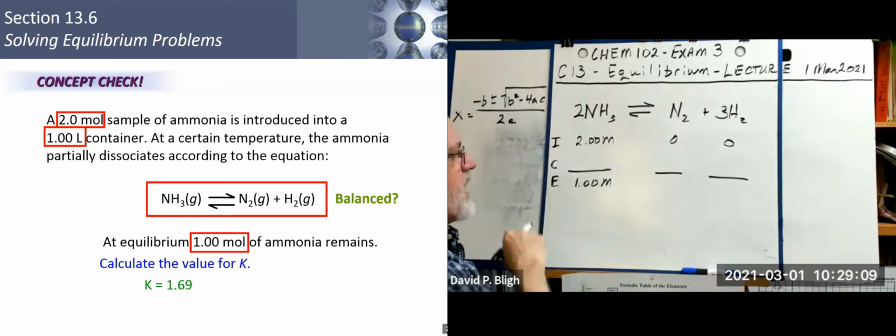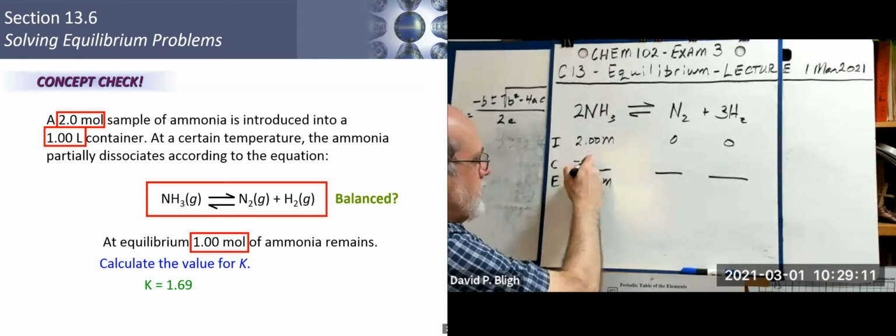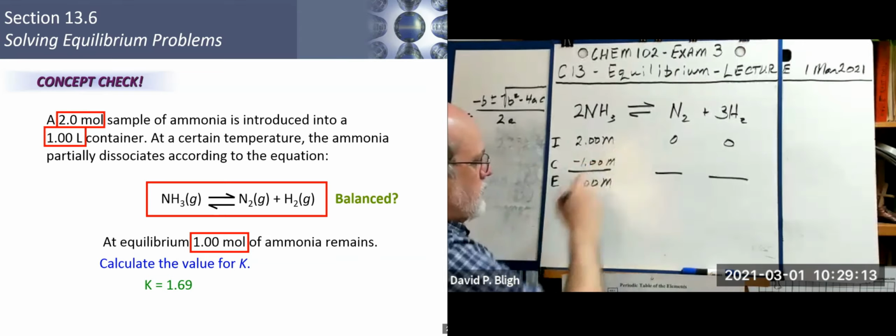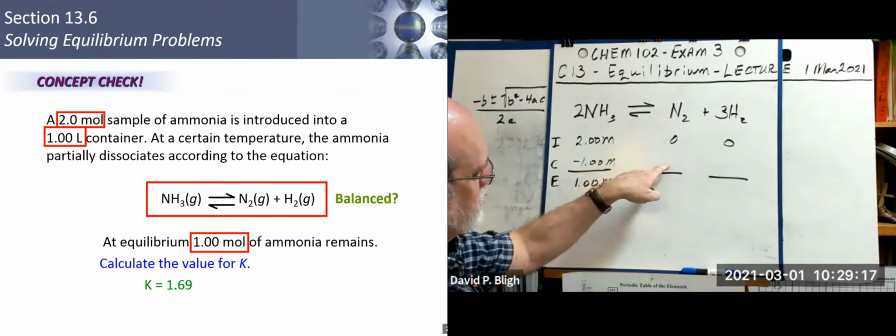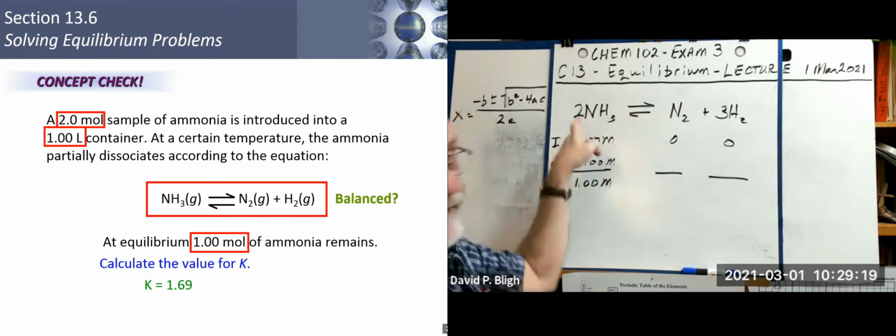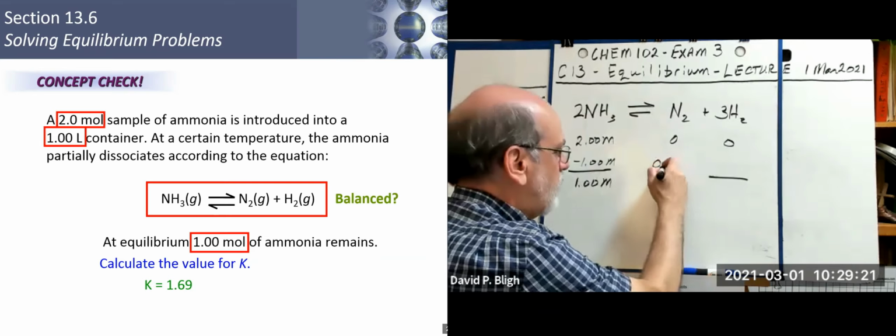So what had to be the change? Well, we had to lose 1 molar. So if we lose one of these, how many of those do we have? Just half as much, right? 0.5.